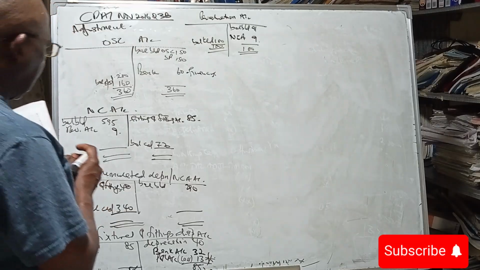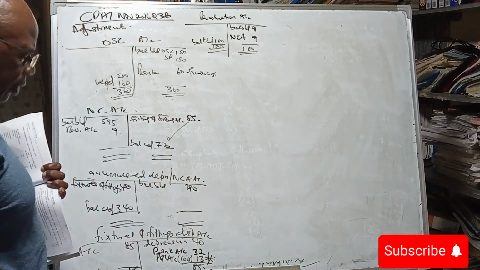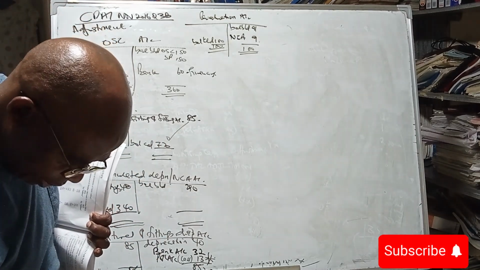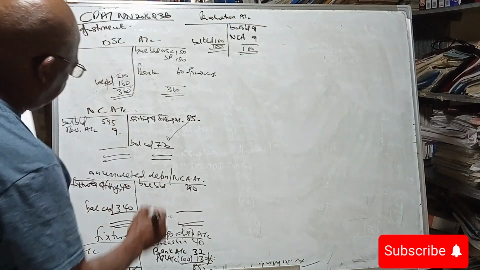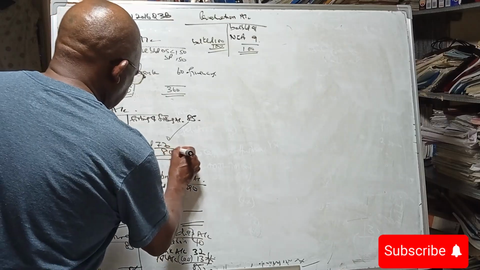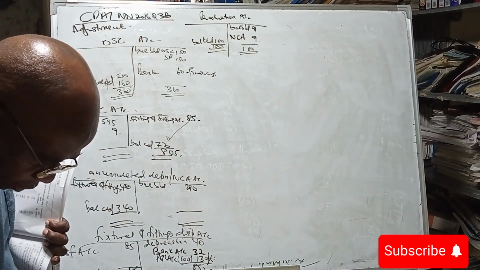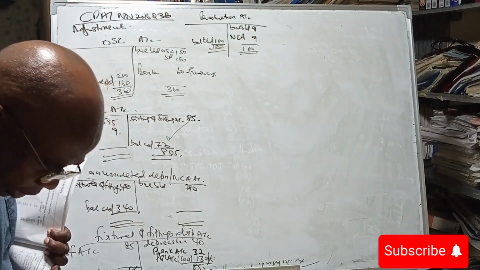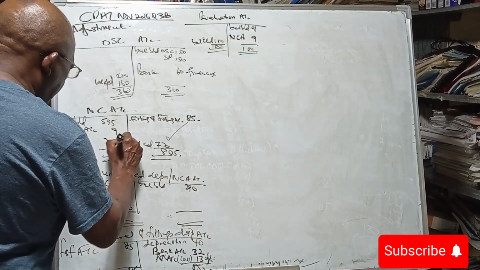Therefore, if we add those two, we have 85 plus 720, giving a total of 805. If you now subtract 595 and subtract 9, you realize that we have done purchases amounting to 201.